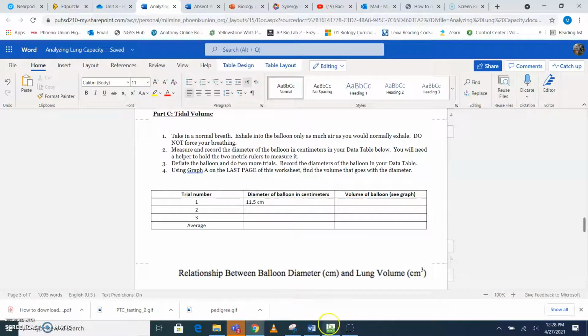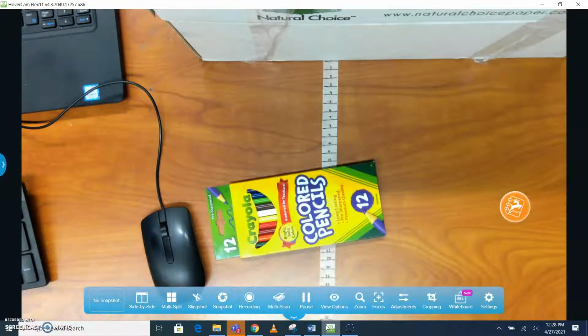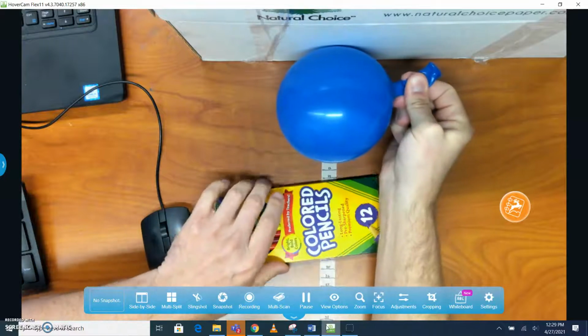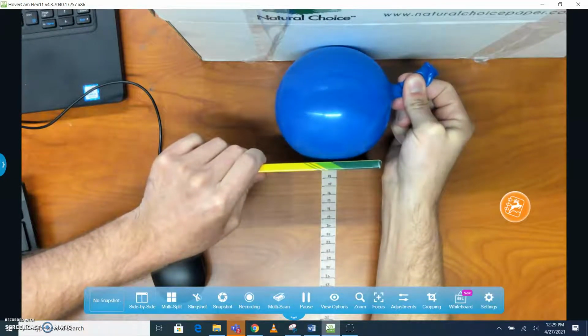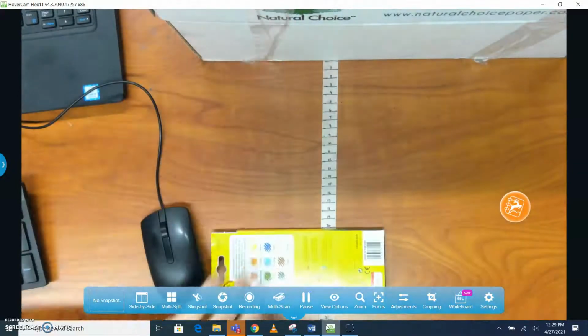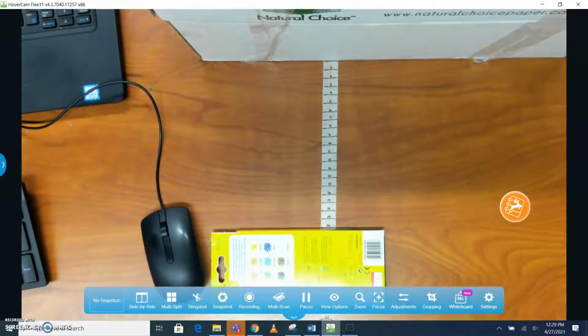Let's get our last 2 measurements here. So again, normal breath in, normal breath out. All right. This one is about 12 centimeters. So 11.5 and 12, that's pretty consistent.